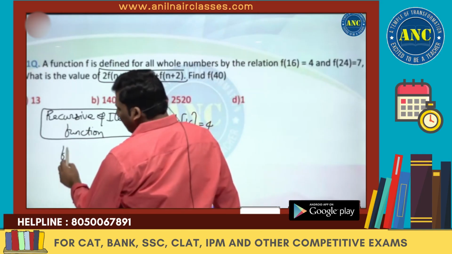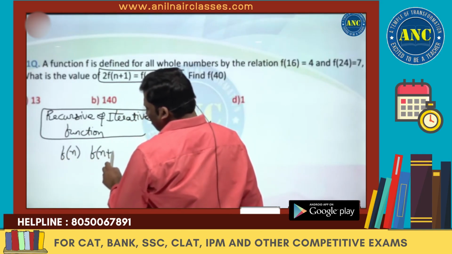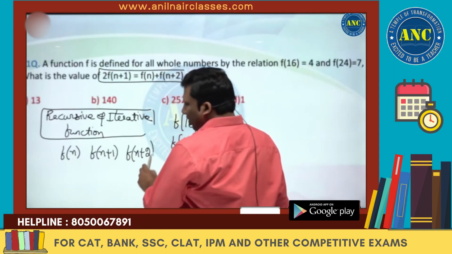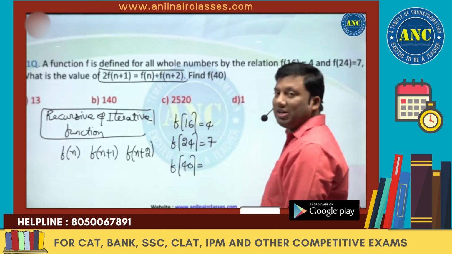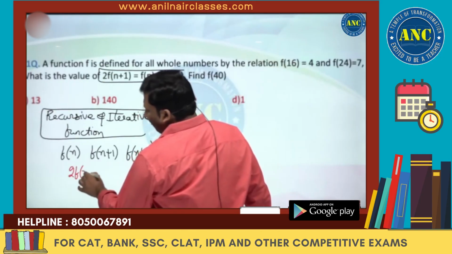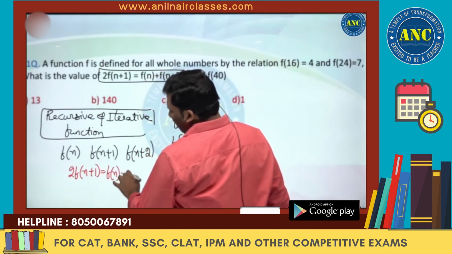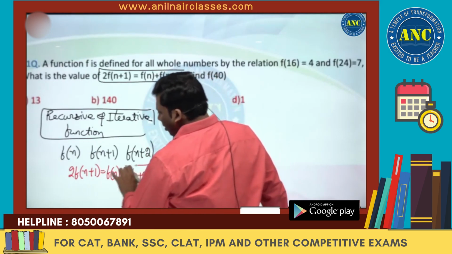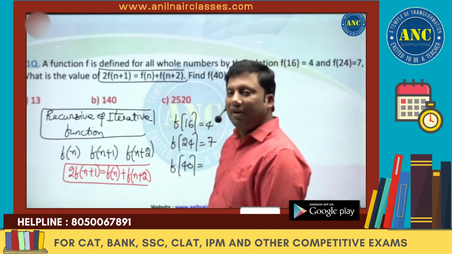That means there is a function f of n, another function f of n plus 1, and another function f of n plus 2. What is the relationship given? The middle value 2f of n plus 1 is equivalent to the sum of the extreme ends, f of n plus f of n plus 2.